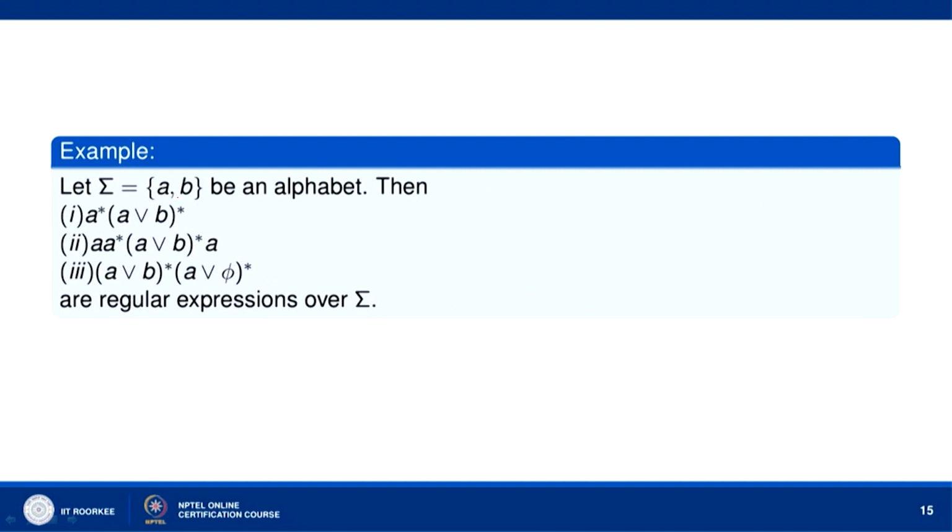So, let sigma equal to {a, b} be an alphabet, then a belongs to sigma. So, a is a regular expression, and when a is a regular expression, a star is a regular expression. Now, a, b belong to sigma. So, a and b are regular expressions. So, a or b is a regular expression.